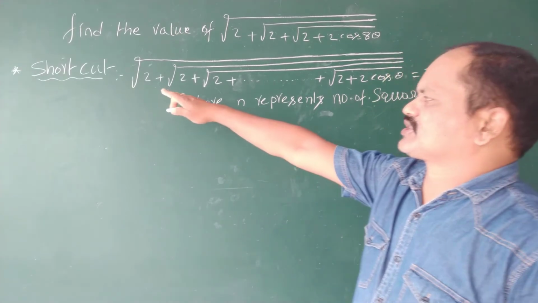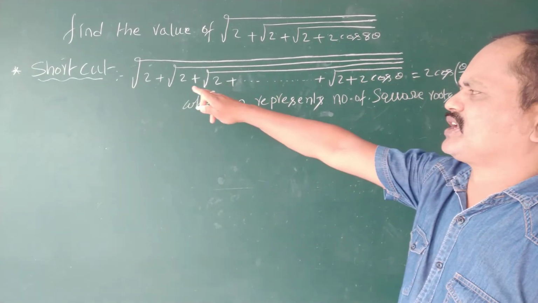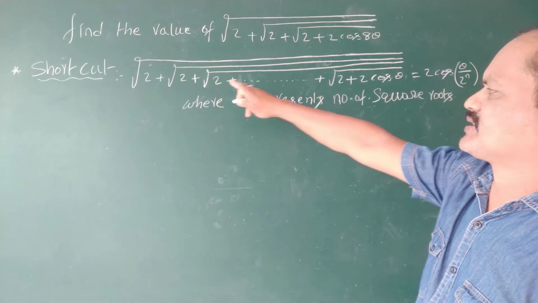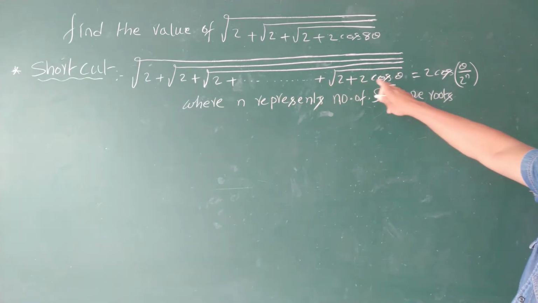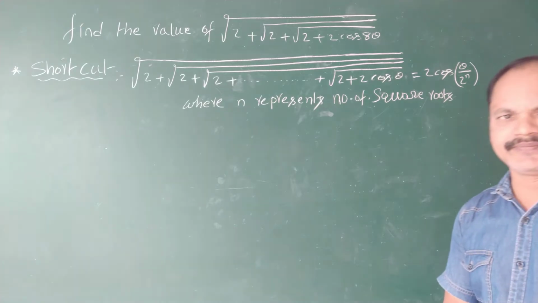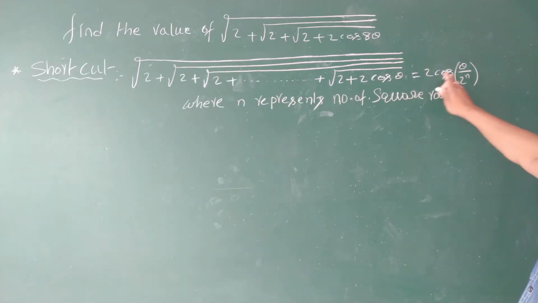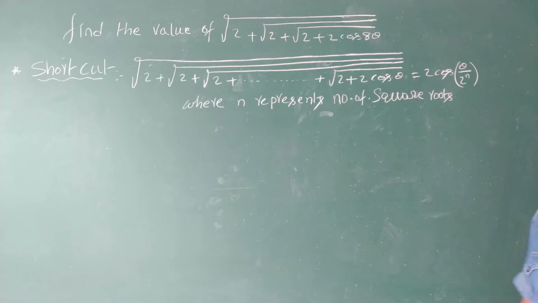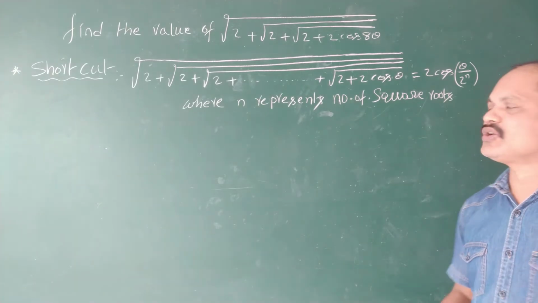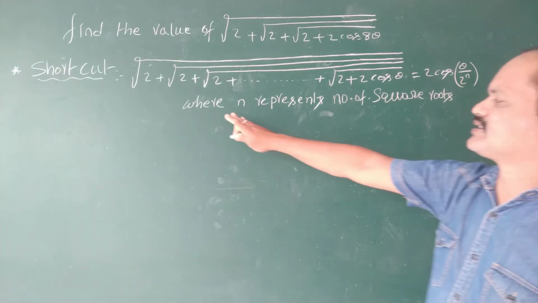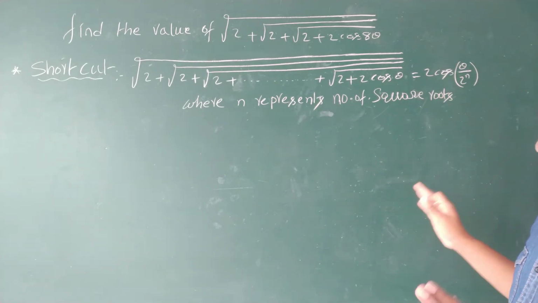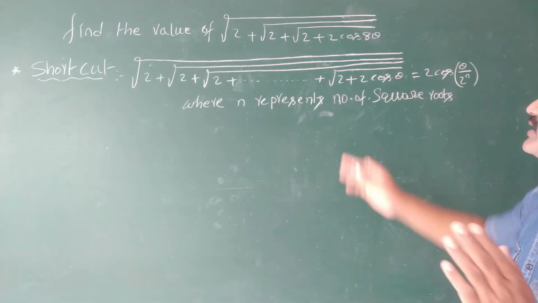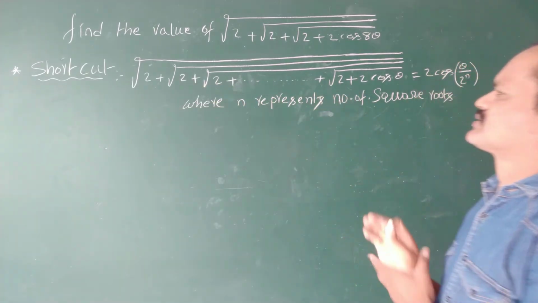The shortcut is square root of 2 plus square root of 2 plus square root of 2 plus so on plus square root of 2 plus 2 cos theta is equal to 2 cos theta by 2 power n, where n represents number of square roots.